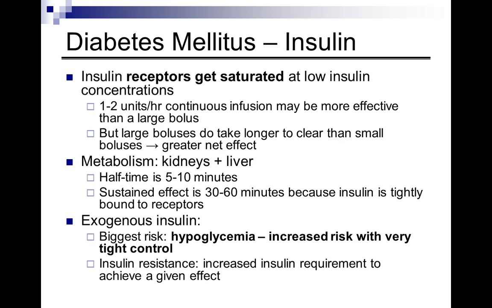And as your goals for blood glucose control become tighter and tighter, this risk increases. In patients who have insulin resistance, that would be type 2 diabetics, we may find that they need more and more insulin in order to achieve a given effect.